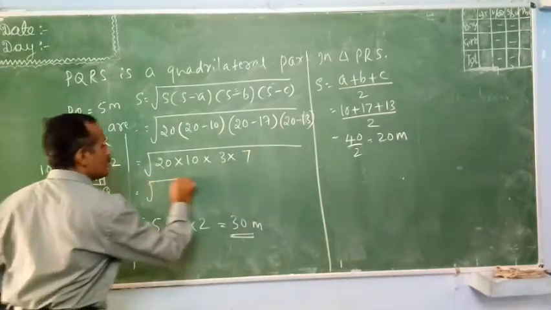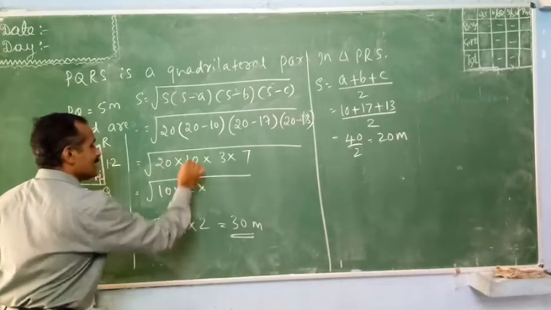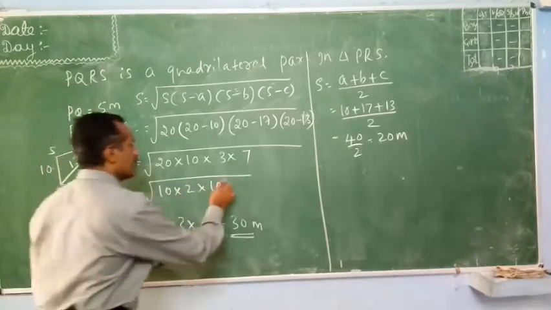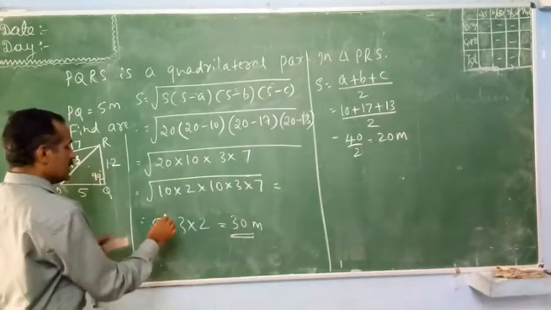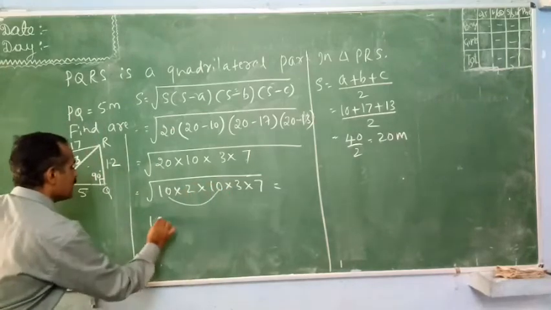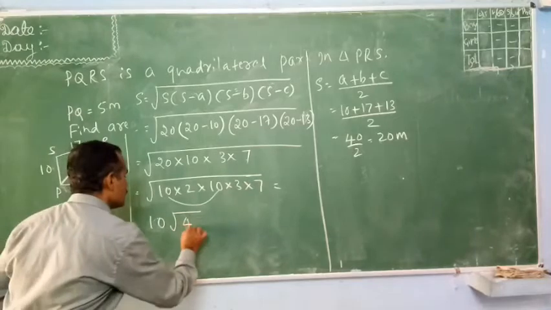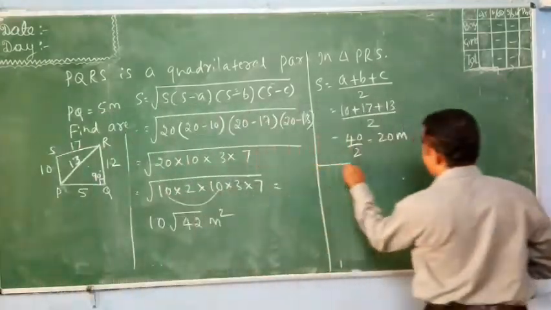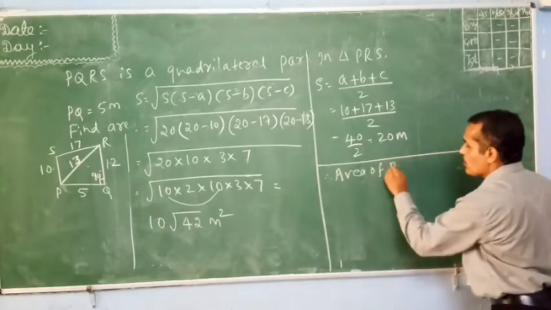I can write this as 10 2s are this, 10 as it is because 2 10s will be there, 1 10 will come out into 3 into 7. Out of this, 1 10 will come out under root 6 7s are 42 meters square. At last, I can write therefore area of PQRS.